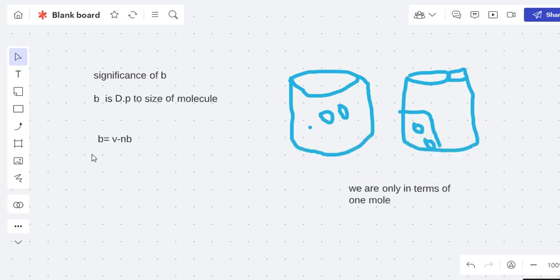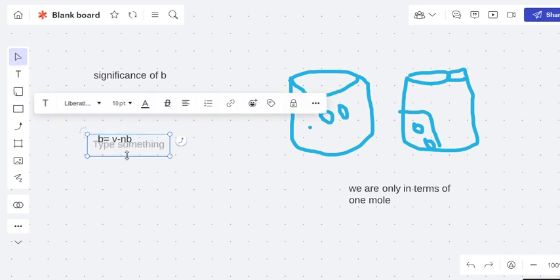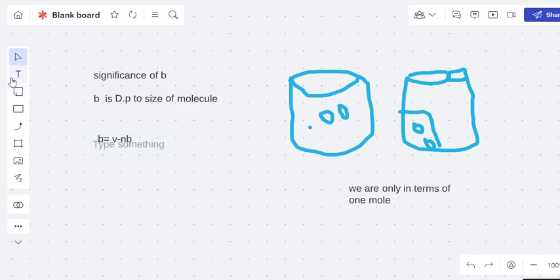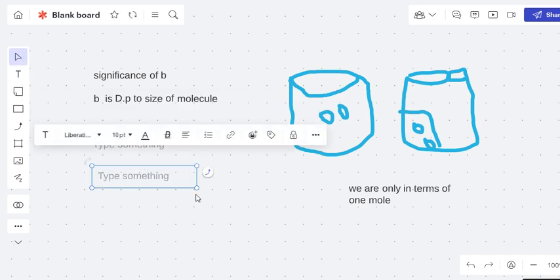So V minus nB. I'm sorry, I might have made a mistake here. I'm going to write this equation again, since it might be confusing for you. This volume is equal to V minus nB. This is volume, right?